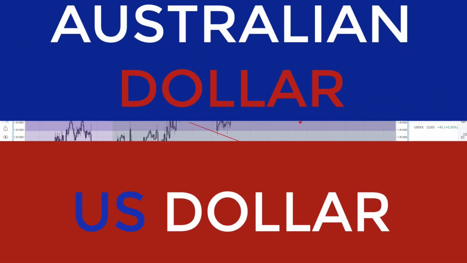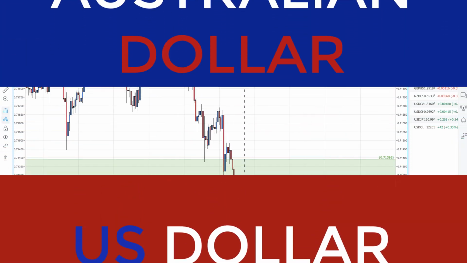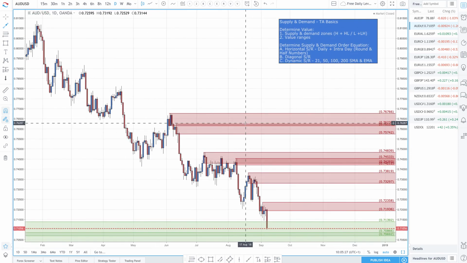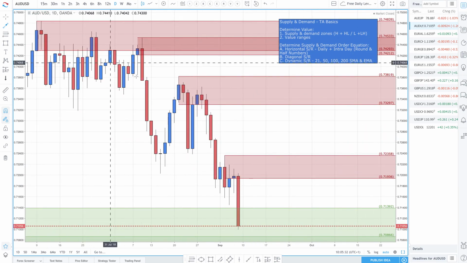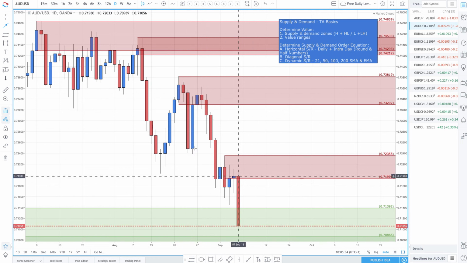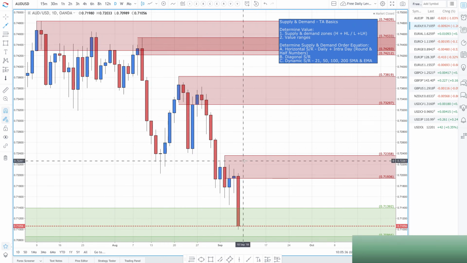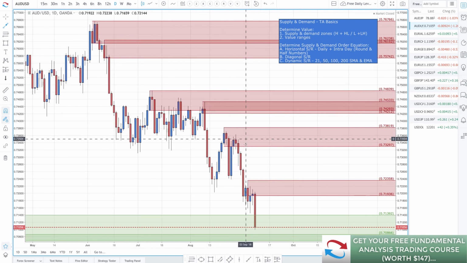Moving on to the Australian dollar US dollar, and going back to the daily time frame. Again, the Australian dollar is a decent buy, but against the US dollar, I'm not so sure fundamentally.